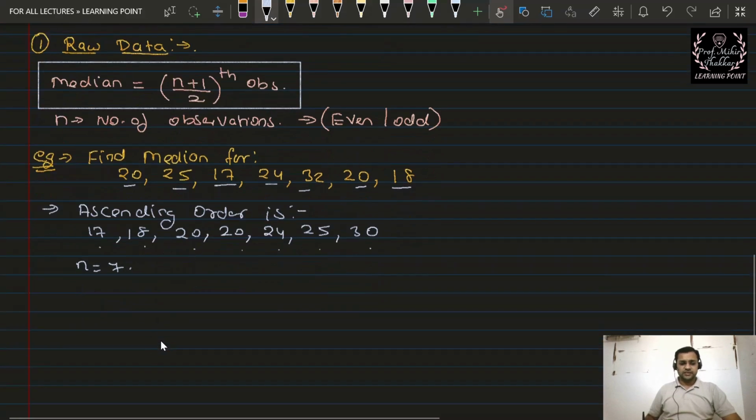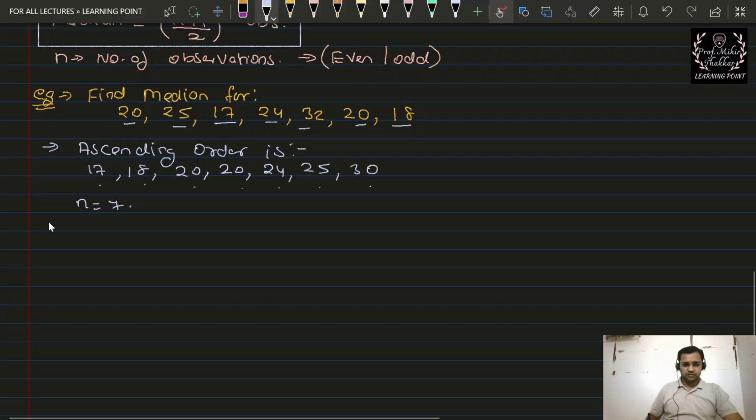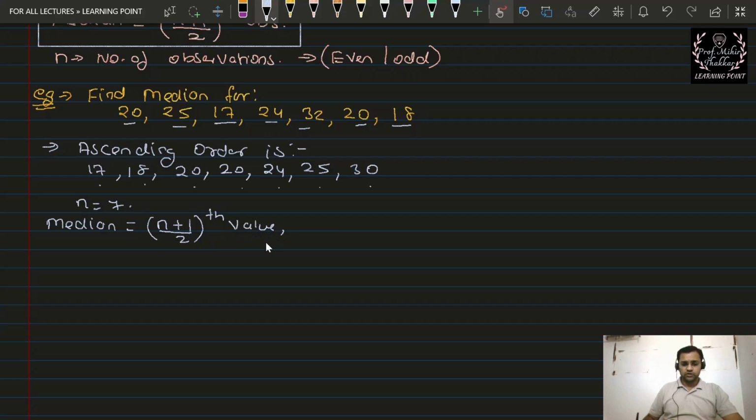So because n is 7, I can say that median is equal to, I always have a habit of writing the formulas. So it is n plus 1 upon 2th value or the observation, whatever we say, both are acceptable.